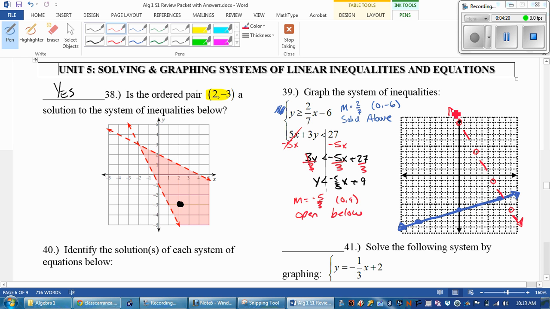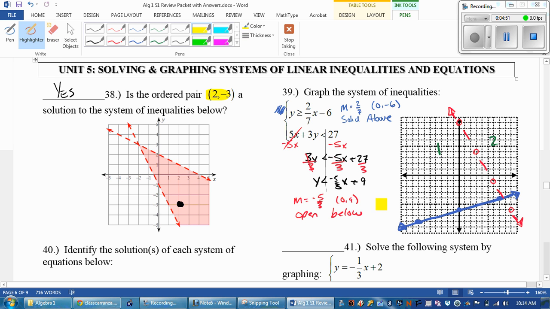The last thing that we talked about is how we need to label the different regions, 1, 2, 3, and 4. And now let's figure out what we're going to cancel. Our blue line says that we need to be above the blue line. So if I'm above the blue line, that means I can cancel sections 4 and 3.